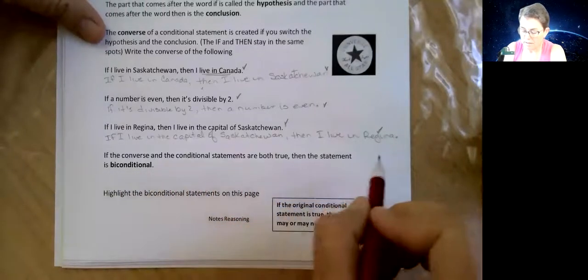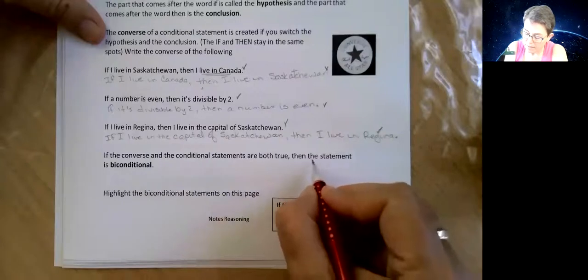If the conditional and the converse statements are both true, then the statement is biconditional. We're still writing the converse, so I take the conclusion and move it to the front.